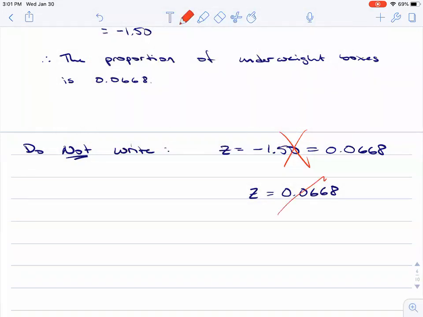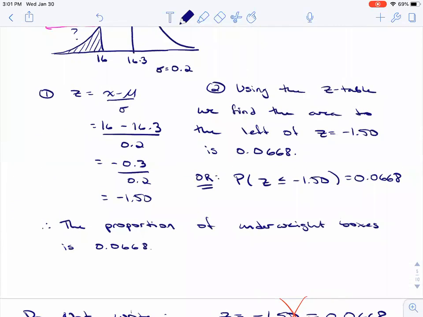Z was negative 1.50. The probability of being less than Z, or the area to the left of Z, of negative 1.50 is 0.0668. Of course, I know what you mean, but you're not saying what you mean. So I want you to stick to either of these options, whichever one you're more comfortable with.